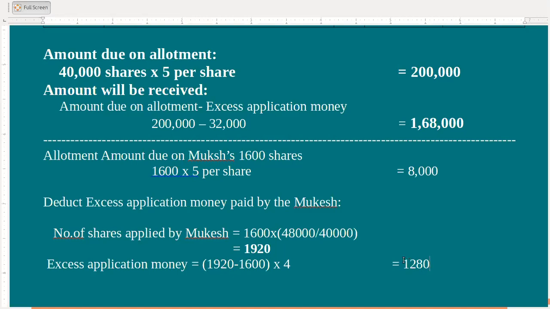So this is the excess application money already paid by Mukesh.